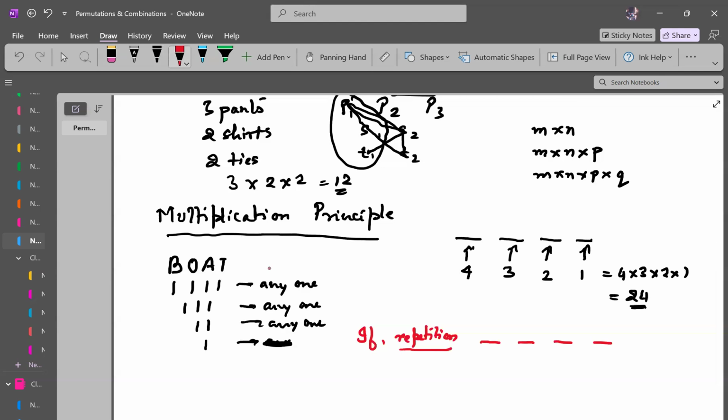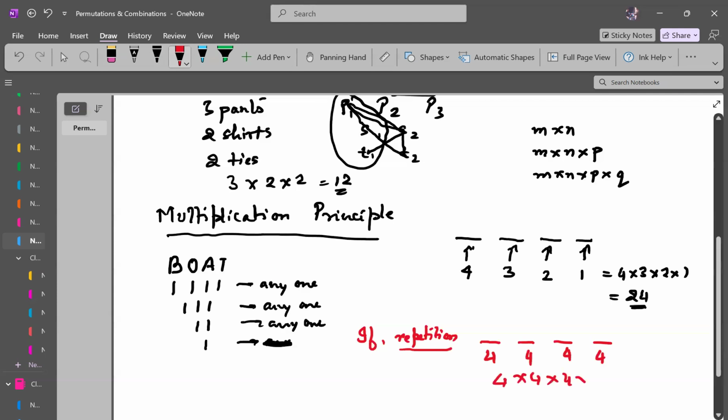Then it should be 4 into 4 into 4 into 4. Very good. Every place you are putting any of the alphabets again and again, which gives you 256. Have you understood this? Yes, sir.